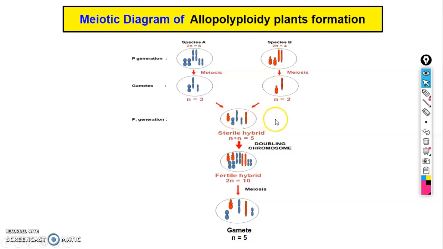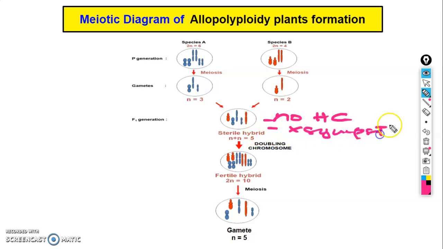So they fail to undergo synapsis, meaning they fail to produce gametes. To become fertile, they undergo chromosome doubling, and this will produce gametes n equal to 5.